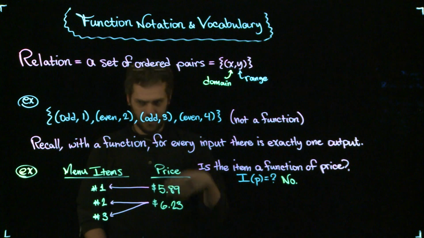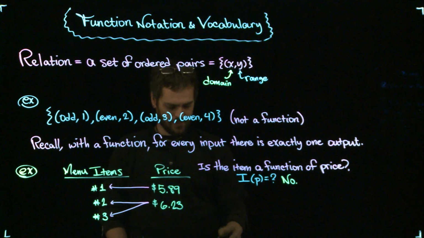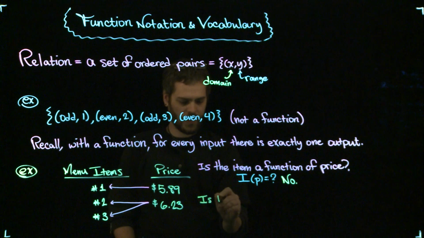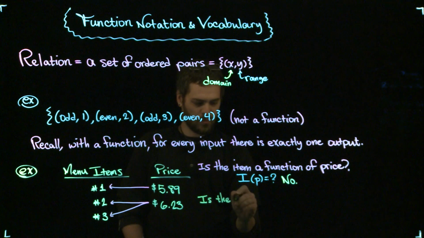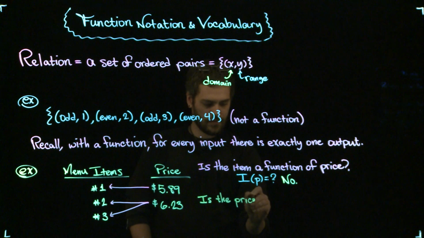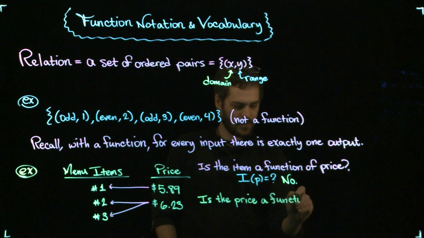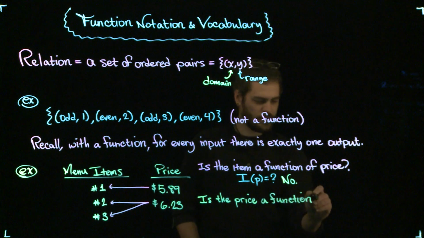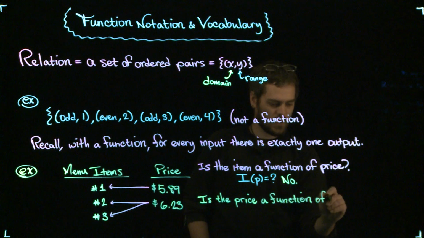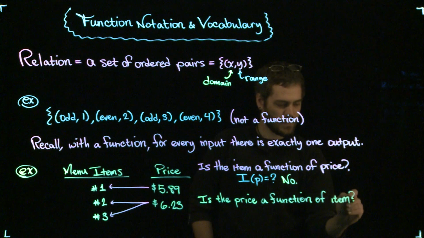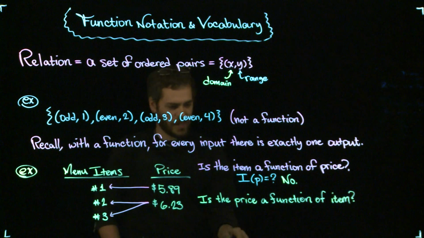However, what if I just rephrased the question and said, is the price a function of the item? Or of, I'll just say of item. It sounds a little weird, but is the price a function of item?